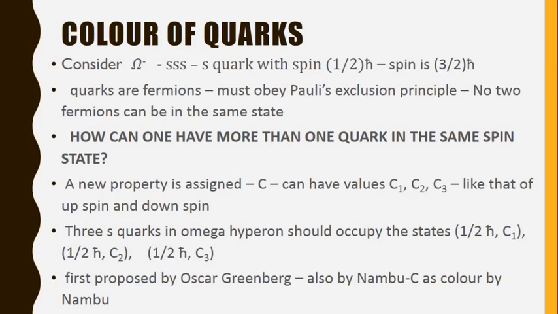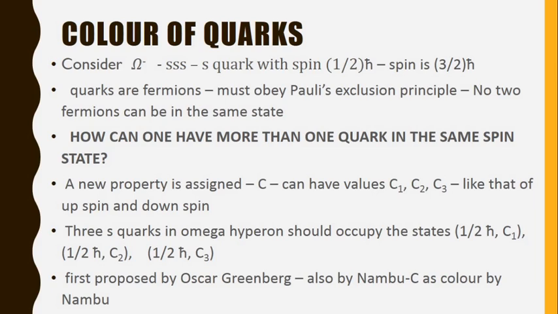So we thought that we can assign a new property called C, and this C can have three values, C1, C2, C3, like the spin up and spin down states of an electron, so that each s quark will occupy different states like half h cut C1, half h cut C2, half h cut C3. That means the three s quarks in the omega hyperon occupy different states.